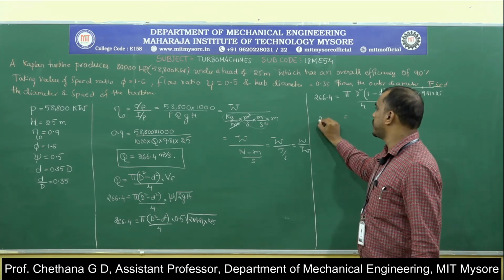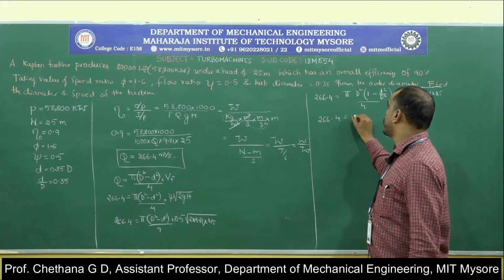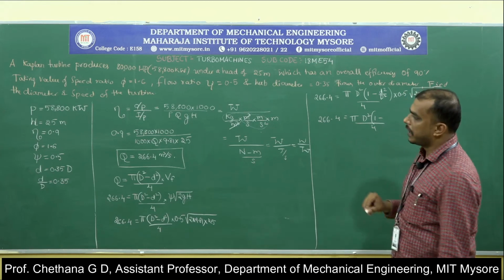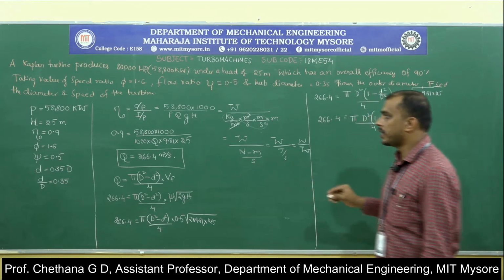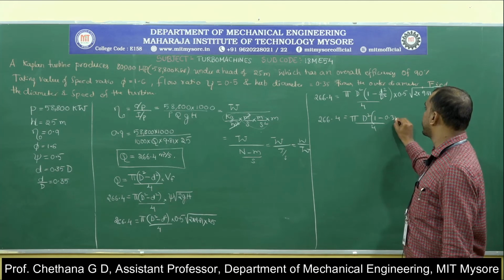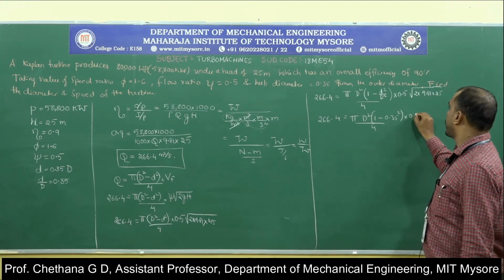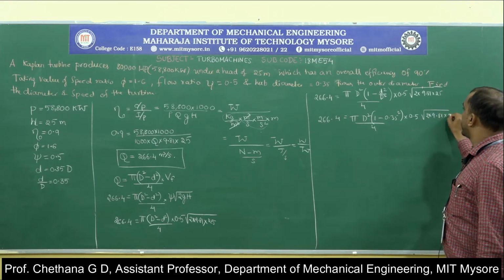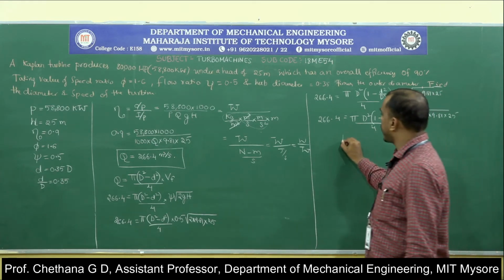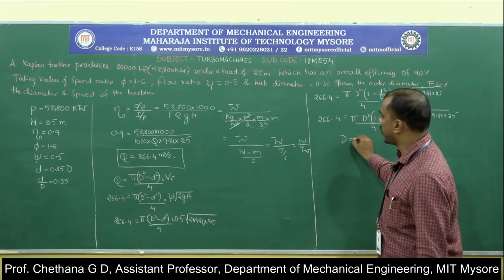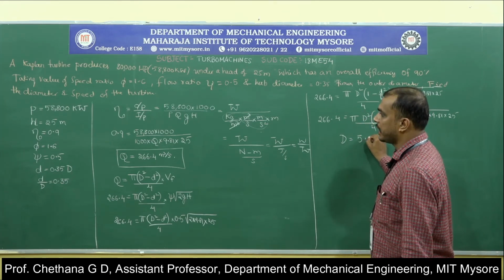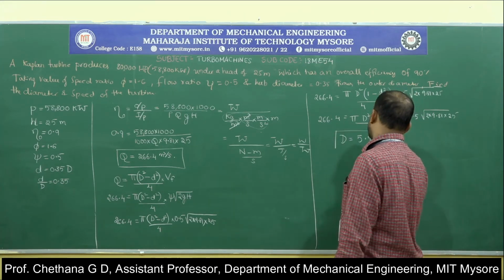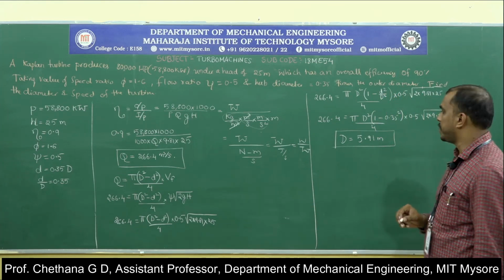So pi D square by 4 into 1 minus (d by D) whole square, we know that d by D is 0.35, into 0.5 square root of this value, we get the value of capital D. Capital D is coming out to be 5.91 meter.